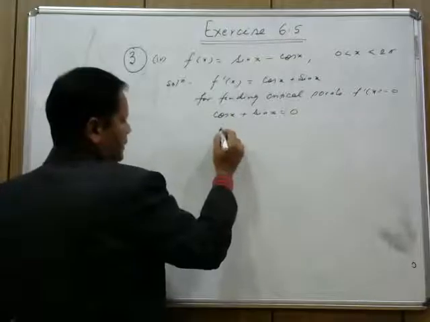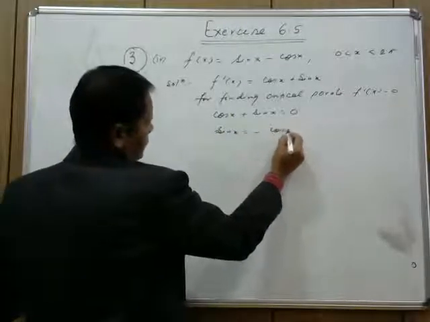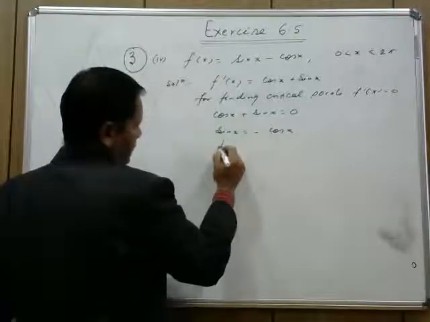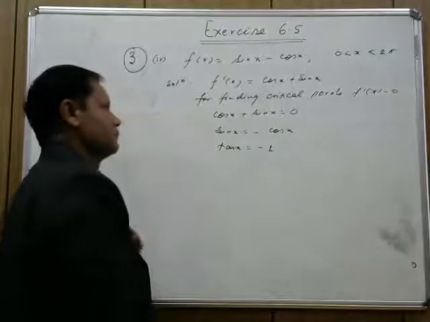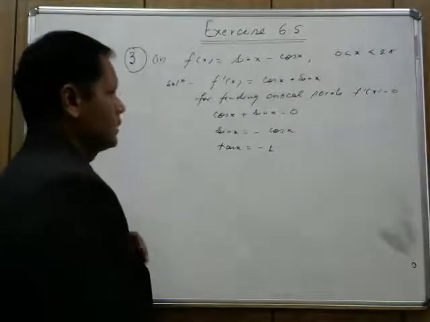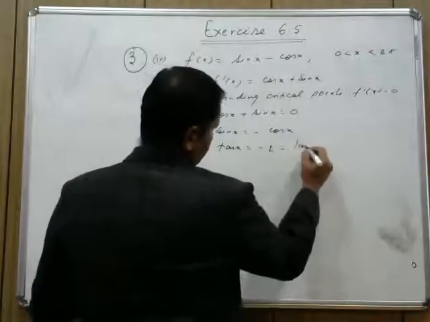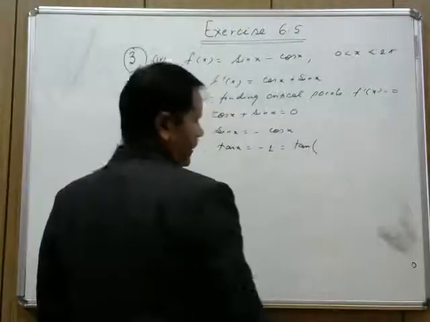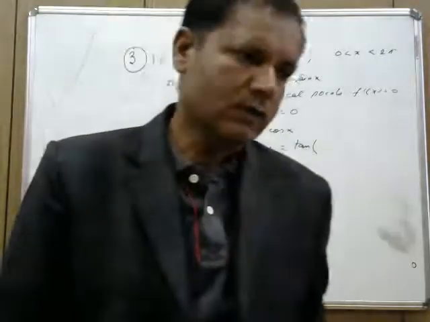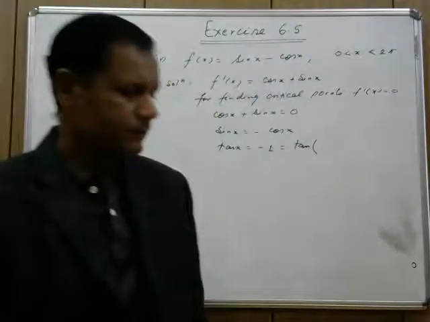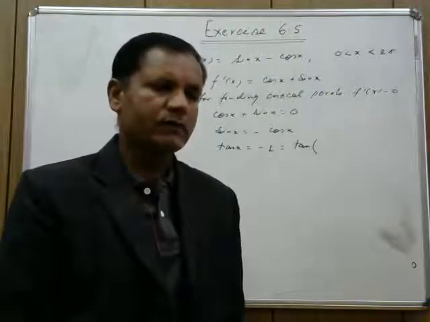It implies that sin x is equal to minus cos x. It implies that tan x is equal to minus 1. Tan is negative in the second quadrant and fourth quadrant.